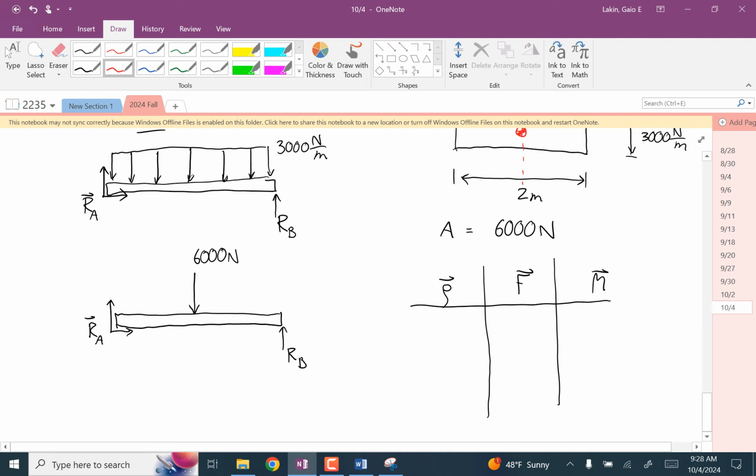I'll put the about point here. So RA, the row vector is 0. The force is RAX, RAY. Cross product is 0.